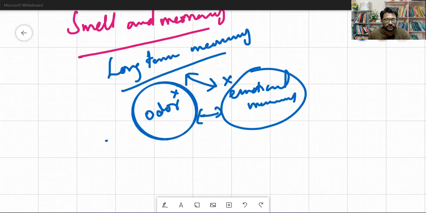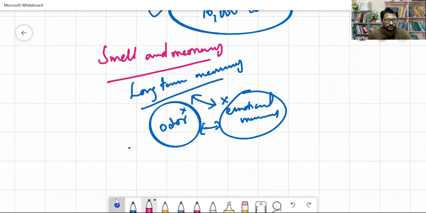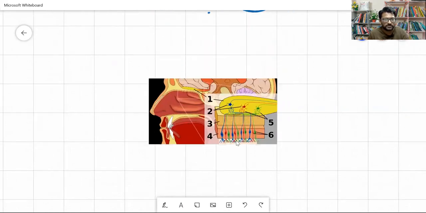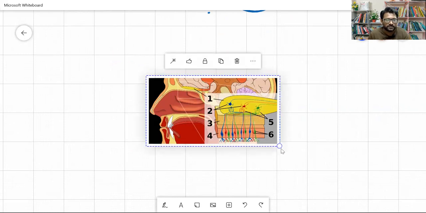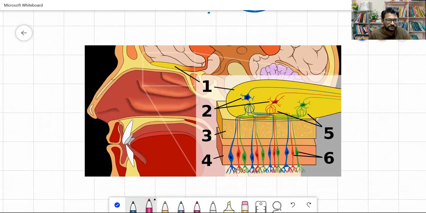So if you see an image of olfaction, it will be more clear. You can see clearly how the olfactory lobes are present here. There are epithelial nerve endings, and these nerve endings go to the olfactory lobes or olfactory regions present in the brain.